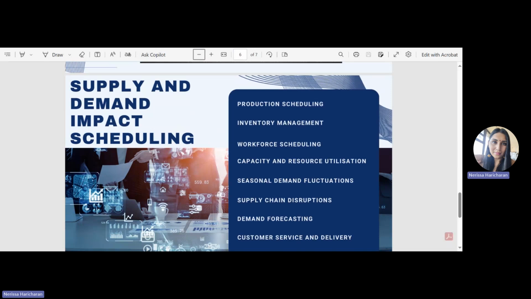So we all know supply and demand plays a huge role in basically any industry, because it directly impacts how you're going to allocate people, how you're going to allocate production, machinery, tools, resources, workforce, what your different timelines are, etc. So here, basically what it speaks about is the ways in which supply and demand actually does impact or affect scheduling.